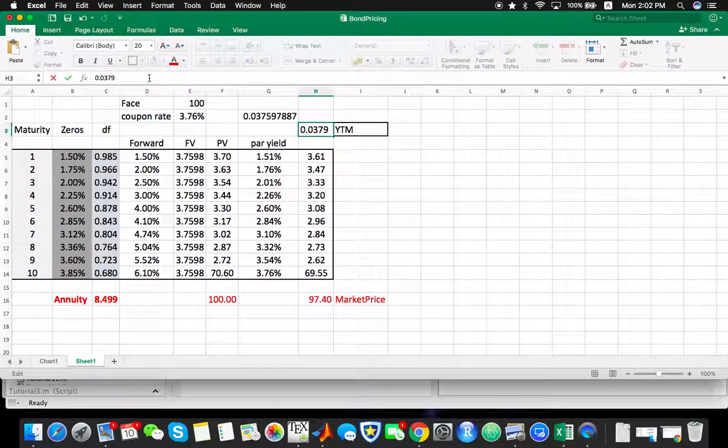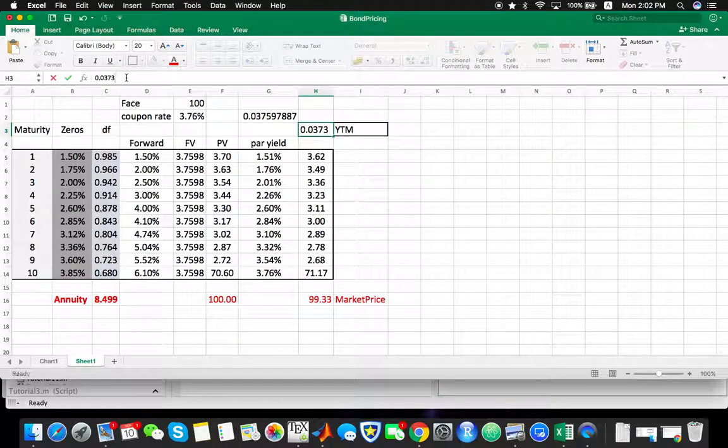For example, you can see that if I set my yield to maturity as, let's say, 8%, it is getting closer to 100. So you can see that if we make the yield a bit lower, like 7%, the market value of this bond is getting closer to 100.